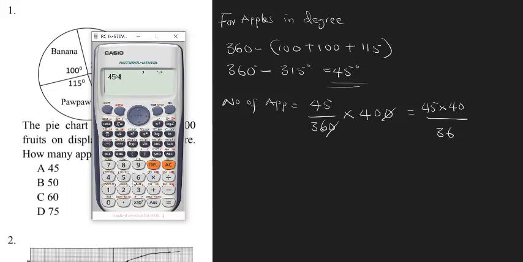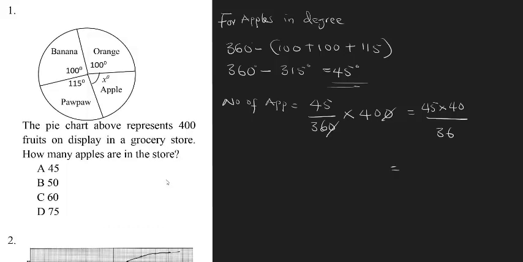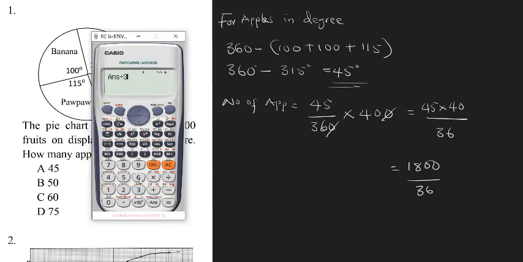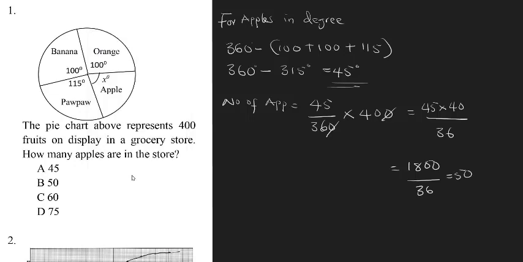45 times 40 is 1,800, all over 36. Of course, it's 50. So it equals 50 apples.